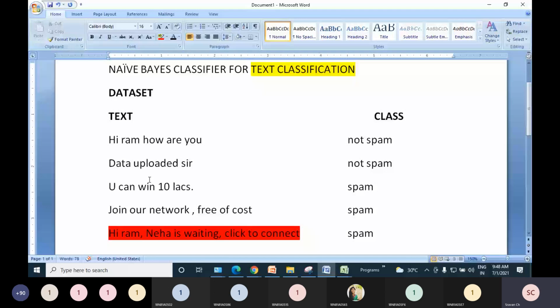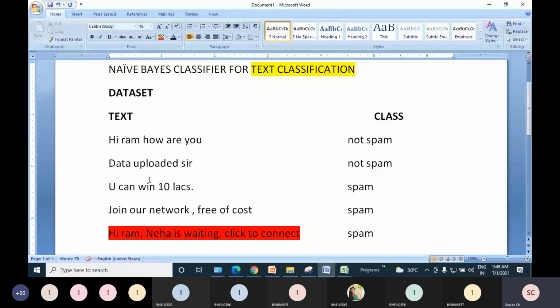So obviously, the chances of this message becoming spam are very less. So what I am doing is I am trying to train my machine learning model, or construct my naive Bayes classifier, by giving some training to it.